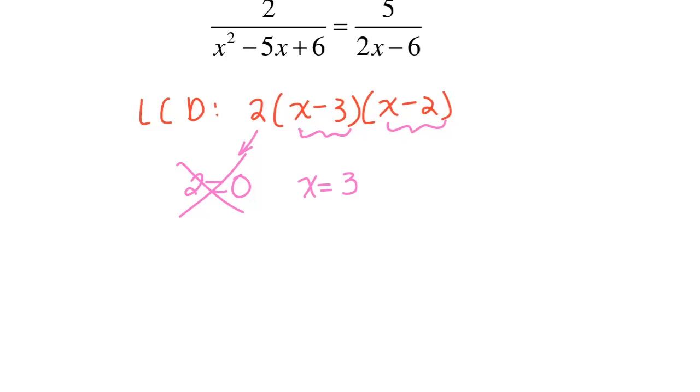And then for this one, x minus 2 equals 0. I'm just going to add 2. So basically, I'm just switching the sign. X is going to equal a positive 2. So the first part, the 2 by itself, does not create an excluded value. My excluded values are just going to be x cannot equal 3 or 2, because those would create a 0 in the denominator.